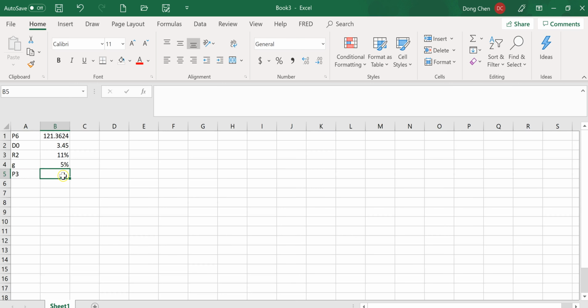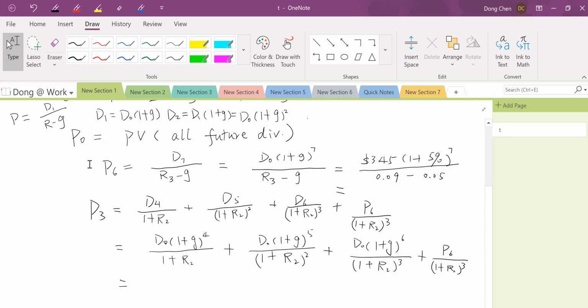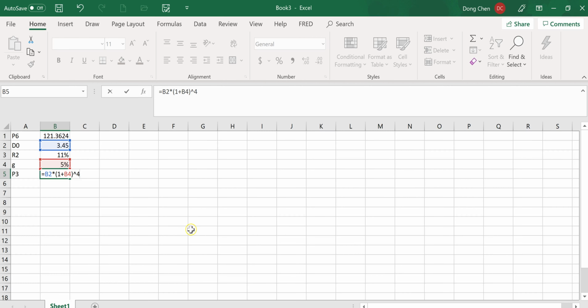Okay, so P3 equals D0 times 1 plus g raised to the power of 4, and divided by 1 plus this R2.